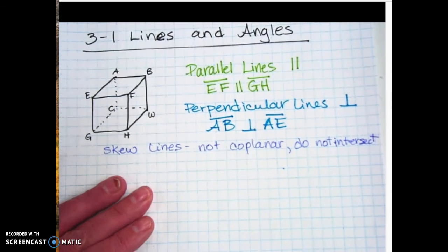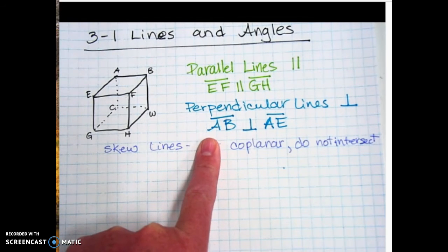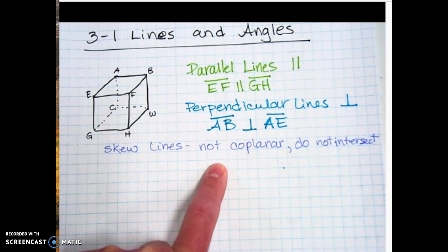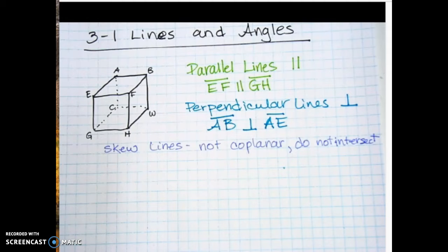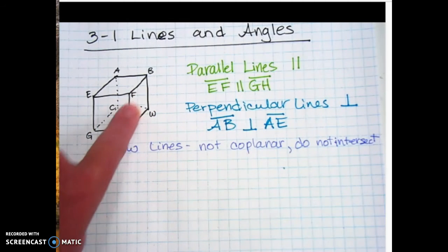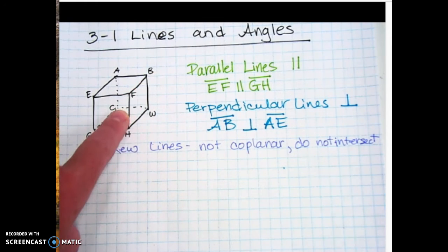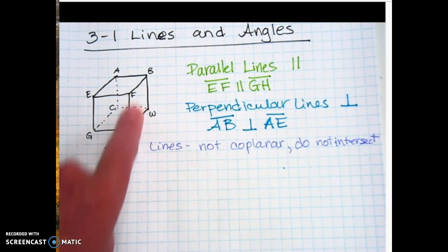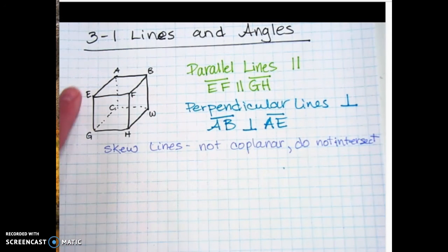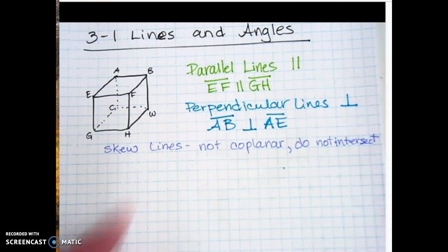Okay, so coplanar, you take off the word not, coplanar means just that they're in the same plane. So not coplanar means they can't be in the same plane. For instance, if we're looking at this plane over here on the side, all of the line segments or the sides are all on that same plane. Okay, but if you look over here, EG would not be on that same plane.